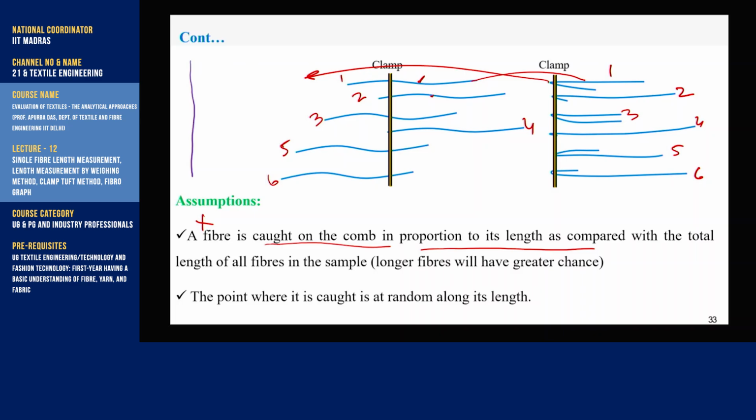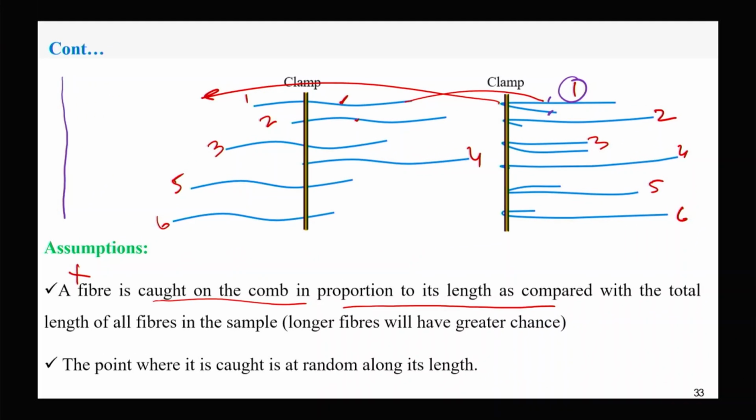We are just rearranging, and each fiber end projection will be treated as a single fiber. Here fiber number 1 will be treated as 2 fibers as far as the fibrogram is concerned. Okay. So in the fibrograph machine, the scanning will be there, but in the fibrogram, when we are getting it, this will be treated as 2 fibers. But if you consider fiber 4, as it's picked at the edge, it will be treated as a single fiber.